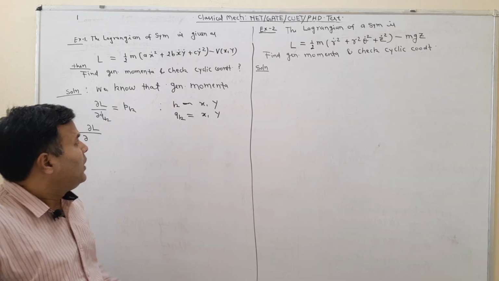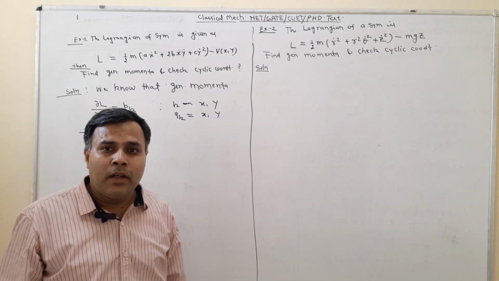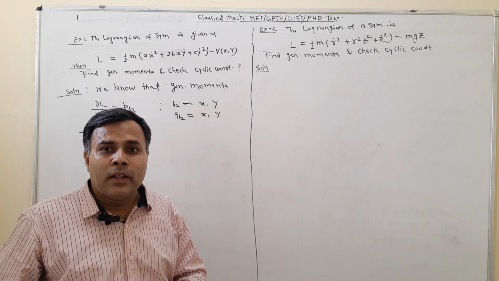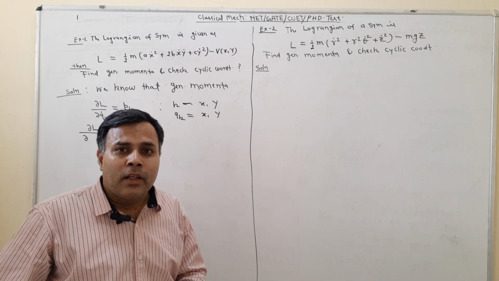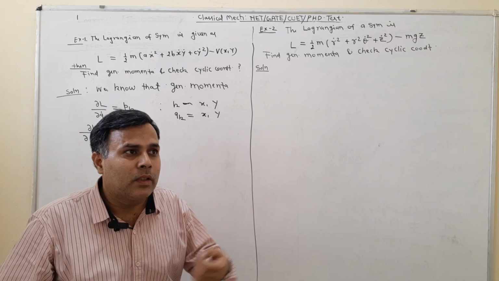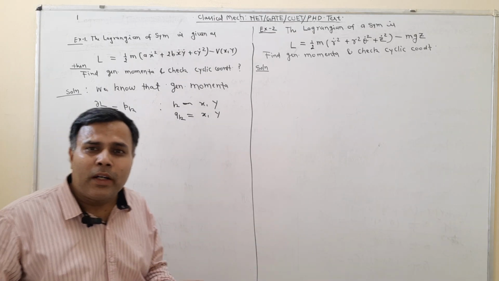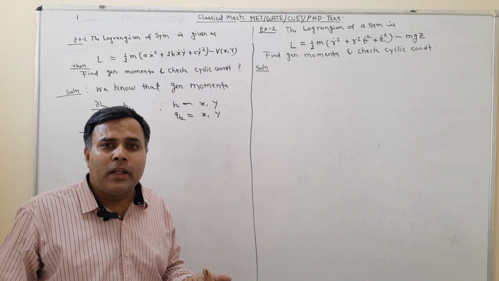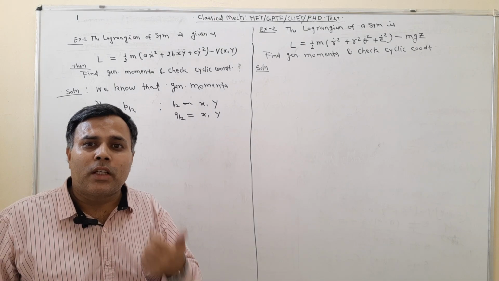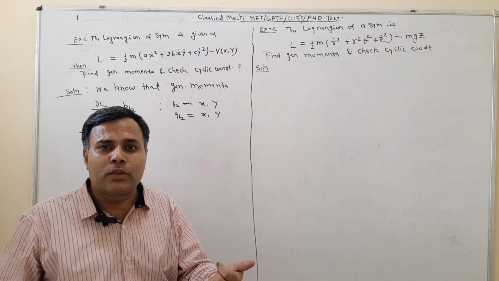With this example, we can develop our understanding to evaluate the generalized momenta and to check the cyclic coordinate, that is, whether our system has a constant of motion in some coordinate system or not. If a cyclic coordinate exists, it means that in that direction our momentum is conserved, so we have a constant of motion.